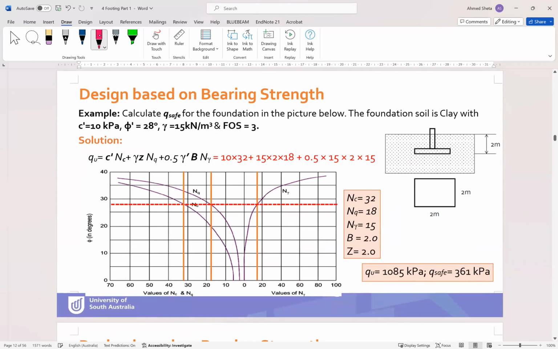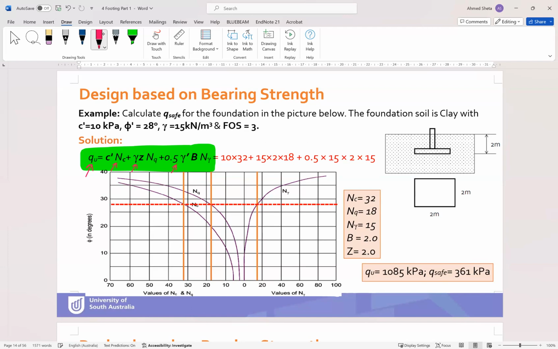As you can see, the equation we are using is this equation. The ultimate capacity Q ultimate equals c' Nc plus gamma Z Nq plus 0.5 gamma' B Ngamma.